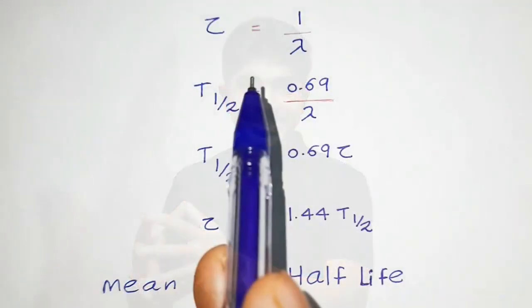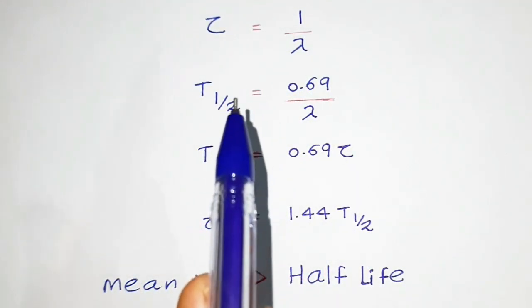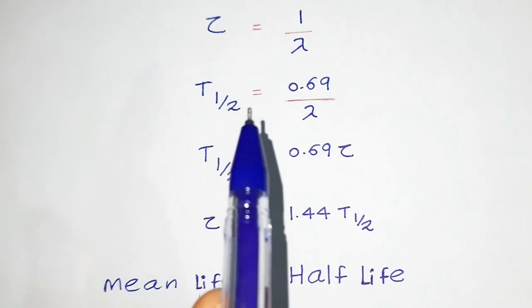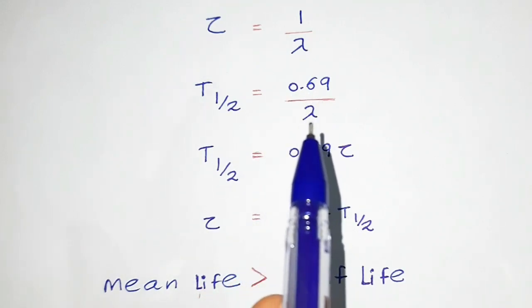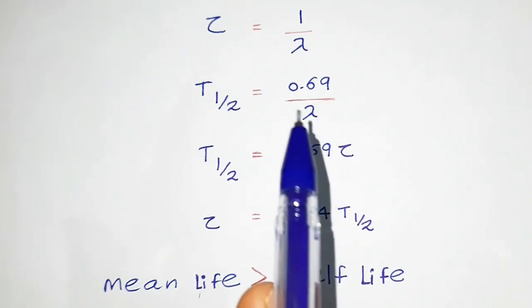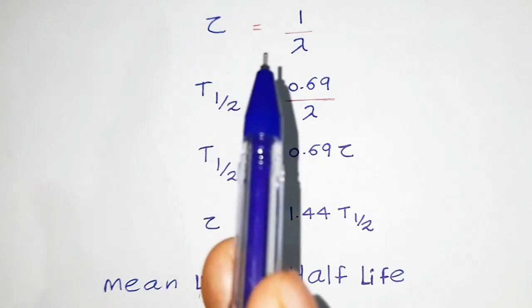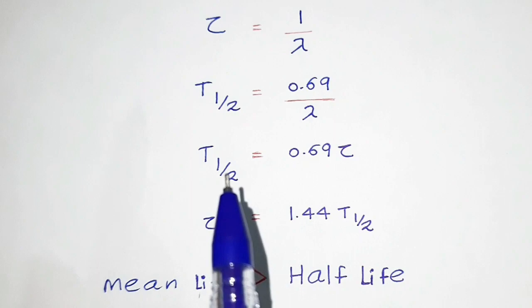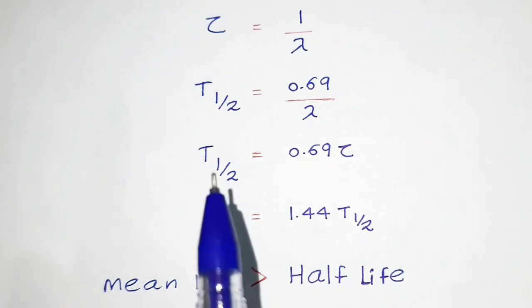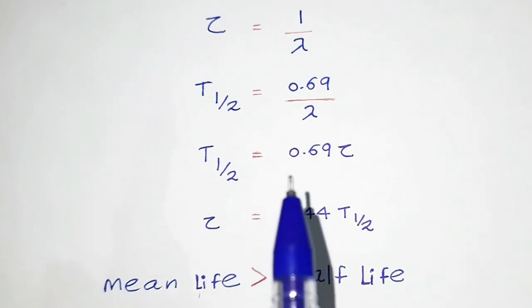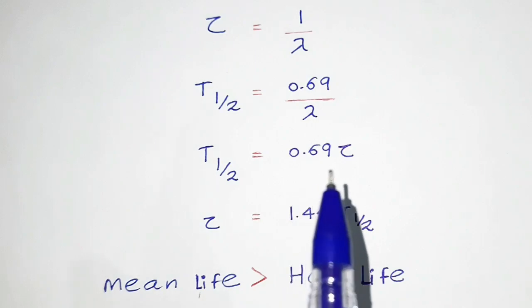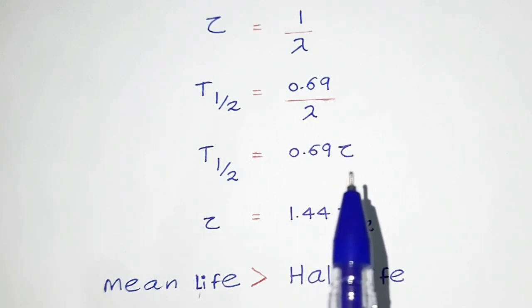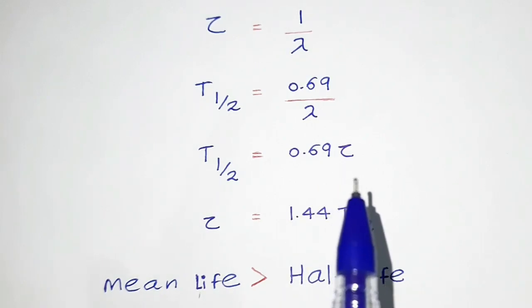Now let us look at the correlation between half-life and mean life. Previously we obtained that the half-life T half is equal to 0.69 over lambda. So when we substitute tau is equal to 1 over lambda into the half-life equation, we can observe that T half is equal to 0.69 times tau, where tau is the mean lifespan of the radioactive sample.